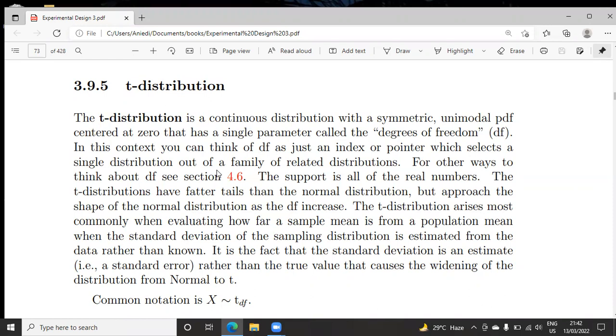Another way of using the t distribution is that if you are given data, you draw two samples from a population, and you want to see how close they are, or how they vary, you use the t distribution.